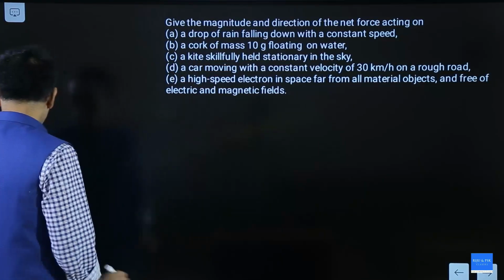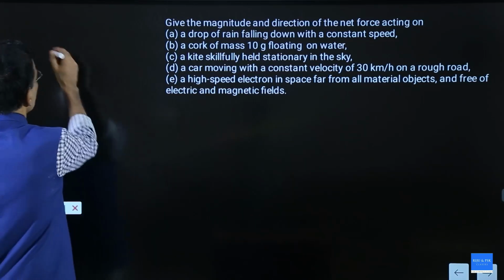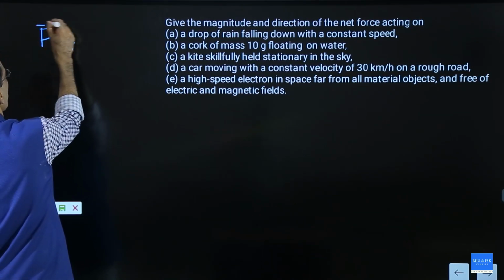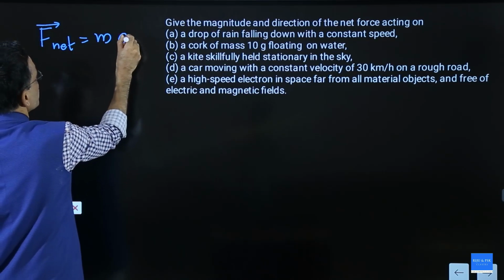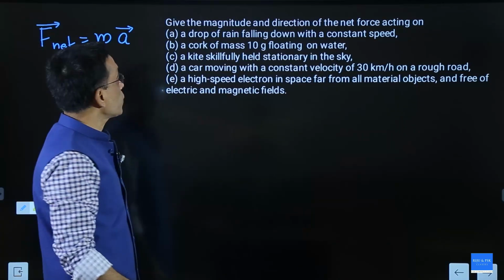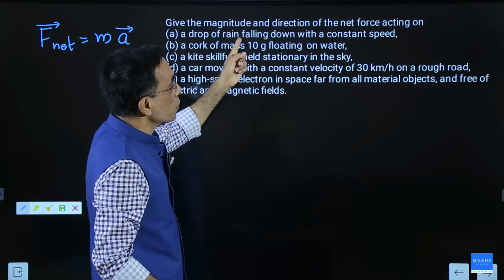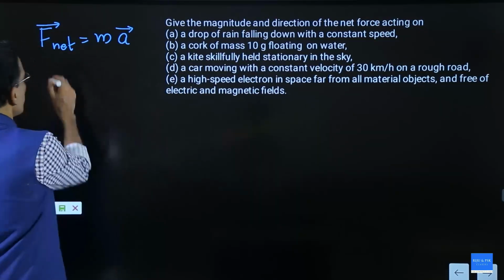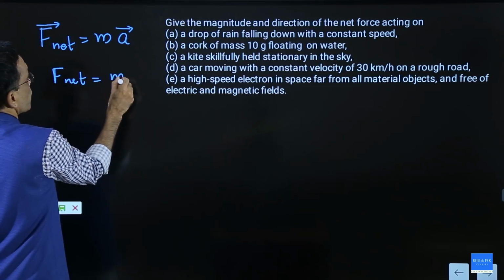What is the purpose of net force acting on a body? You should know by this time that the net force F net, the total force acting on a body, is nothing but mass into acceleration of the body. And here we have to find out the magnitude and direction of the net force. The magnitude can be calculated using this equation, F net equals m into a.